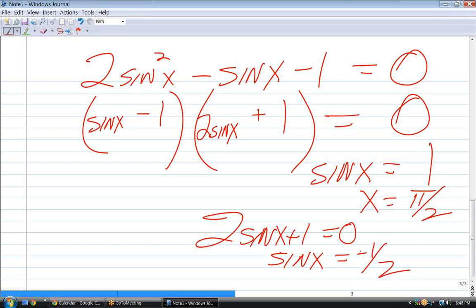What's the reference angle we're talking about? 30 degrees. So what is the equivalent angle to 30 degrees in the 3rd and 4th quadrants? You have to go around.